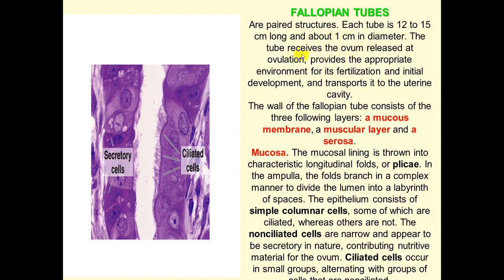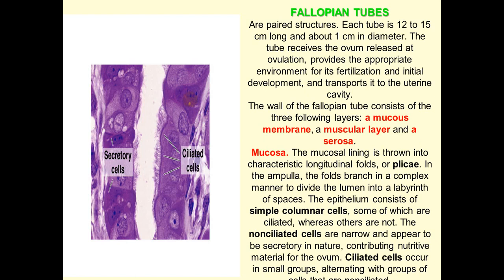The tube receives the ovum released at ovulation, provides the appropriate environment for its fertilization and initial development, and transports it to the uterine cavity. So one end of the tube opens into the uterus, and the second, opposite end is open into the abdominal cavity.